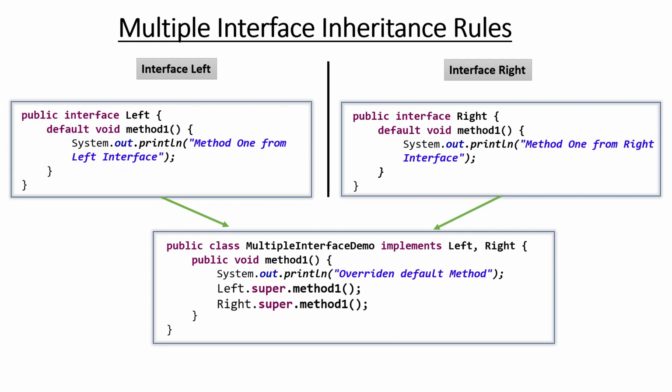Notice that we can use the super keyword with an interface and call the default method. Generally, super is used to refer to the immediate parent class instance. But in this case, for overridden default methods of the interfaces, we specify the interface which has the default implementation that you want to invoke.